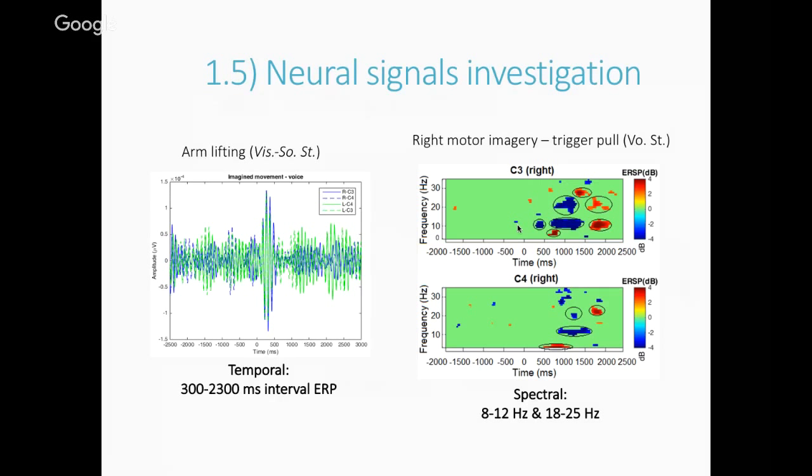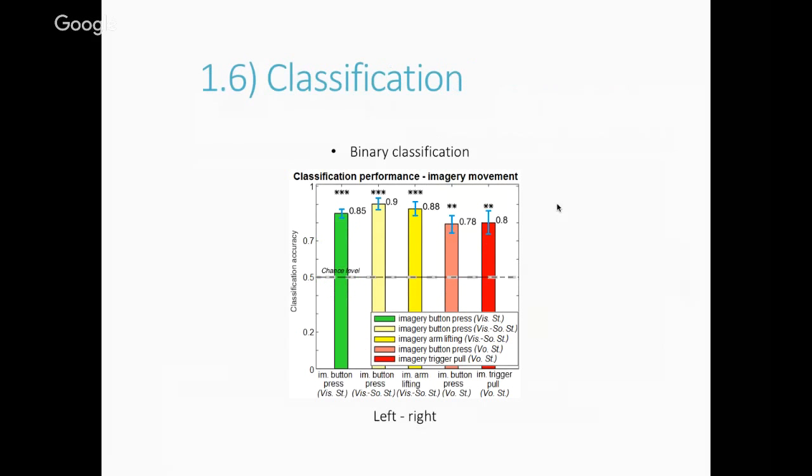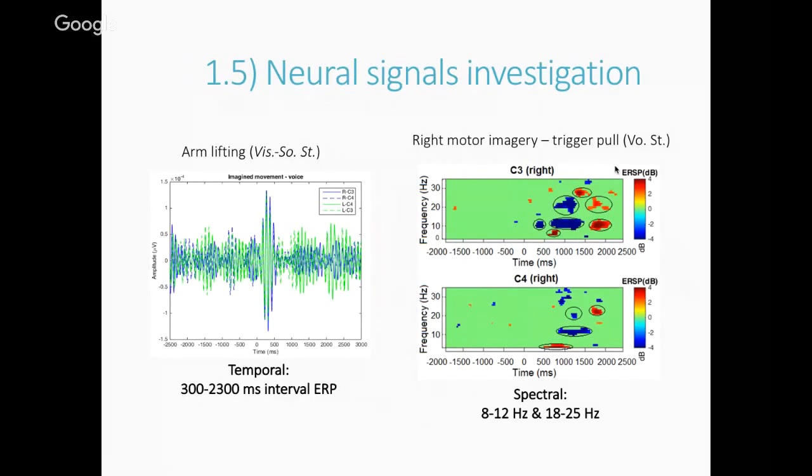And considering the contralateral hemisphere, the C3 electrode, we can see that the most significant perturbations, according to a significance bootstrap level, appear in the mu frequency band between 8 and 12 hertz in the form of a desynchronization, lower dBs, considering the interval from 500 milliseconds to 1.5 seconds, followed by a synchronization in the same band at the later interval.